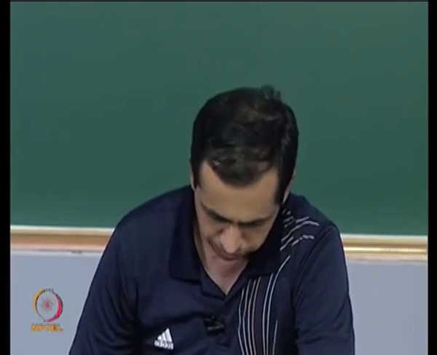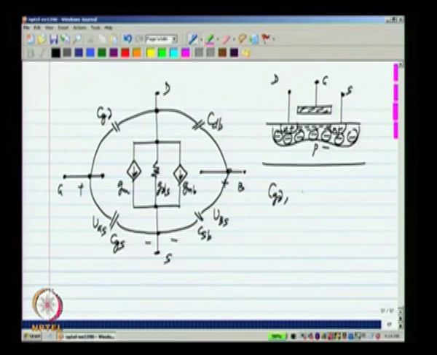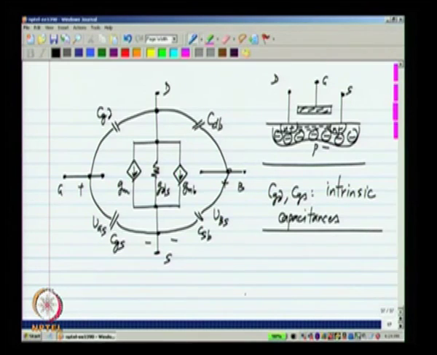So, these are known as intrinsic capacitances. Okay. And the value of these things depend on the operating point.